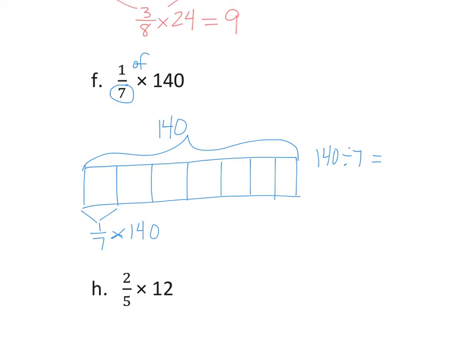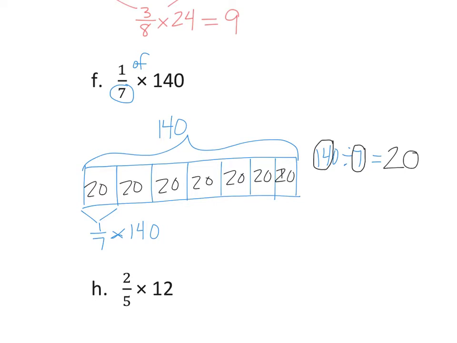It's actually mental math right here, because I can see 14, we can divide it evenly by 7. 14 divided by 7 is 2. So 140 divided by 7 would be 20. So each box has 20 in it. And so 1/7 of 140 is 20.